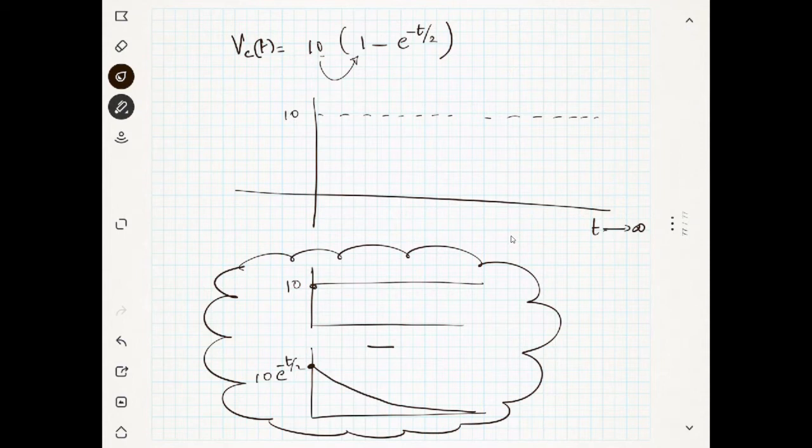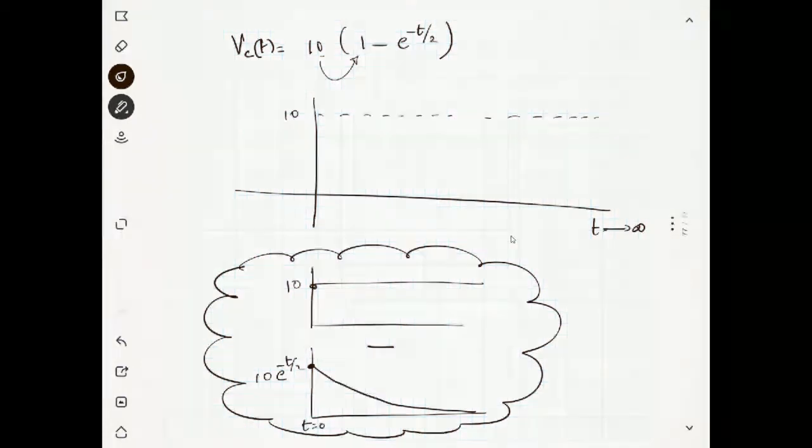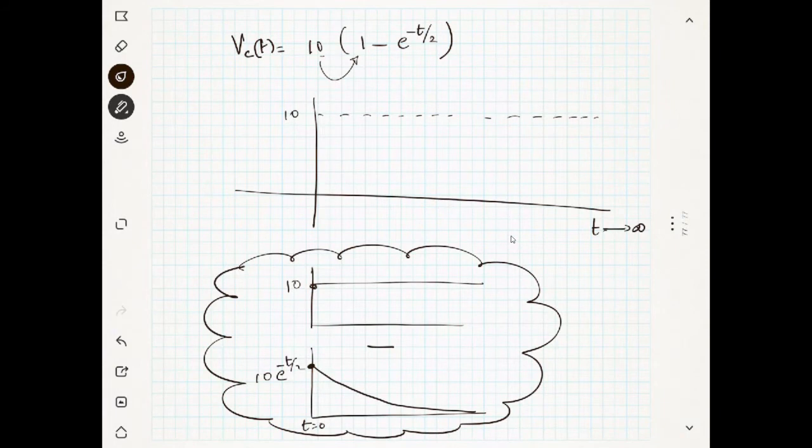So what will be the equation? At time t equal to 0, what will be the value? 10 minus 10 into e power minus 0, it will be 0. So it will start from 0.